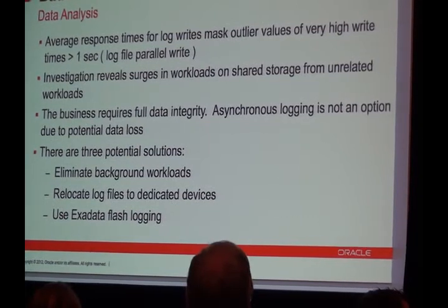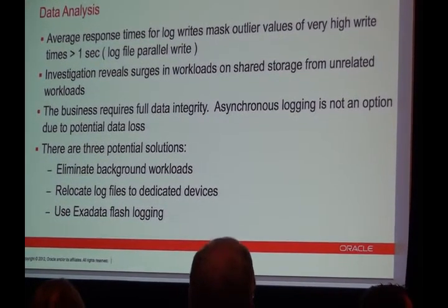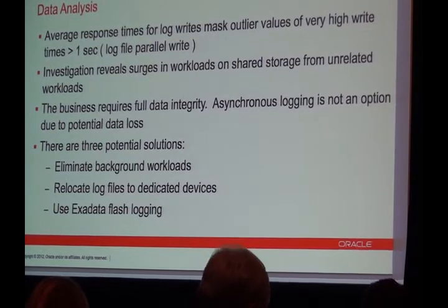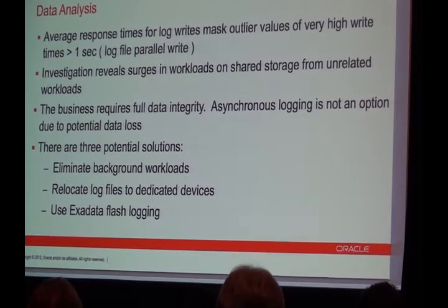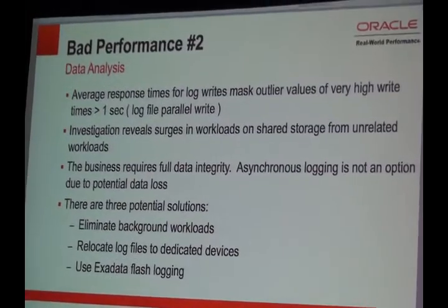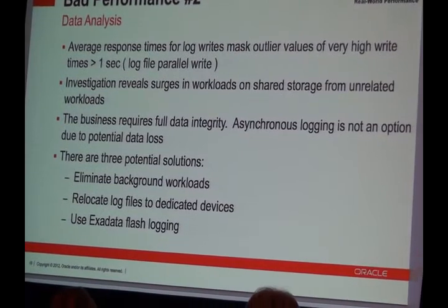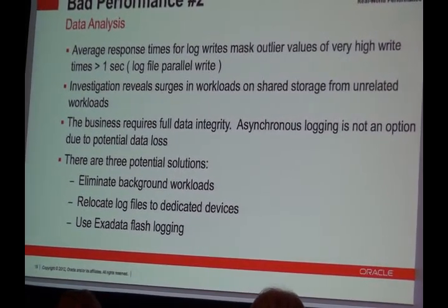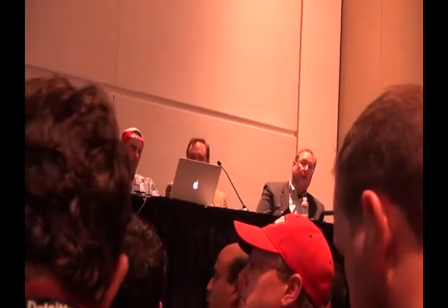So that was down to the low-level storage subsystem. So what we did was introduce the flash logging in this case, which took those outliers out of the system and gave us more consistent log file parallel write times, and therefore more consistent log file sync times.